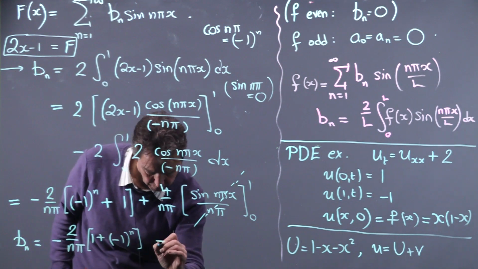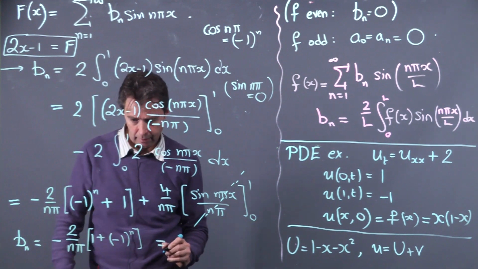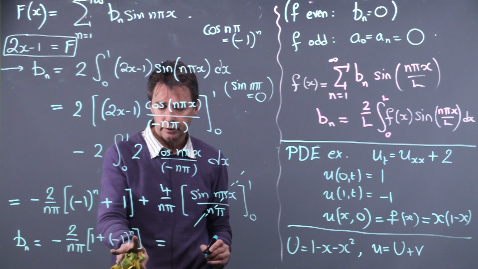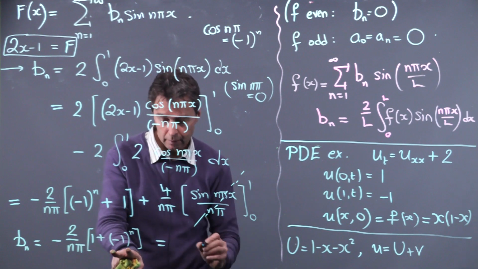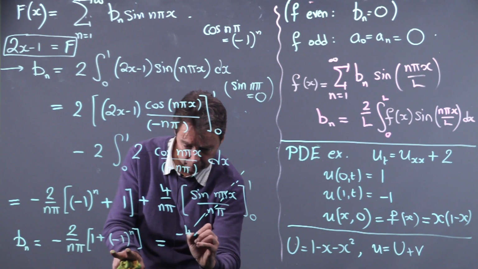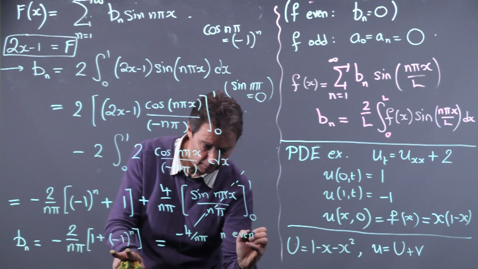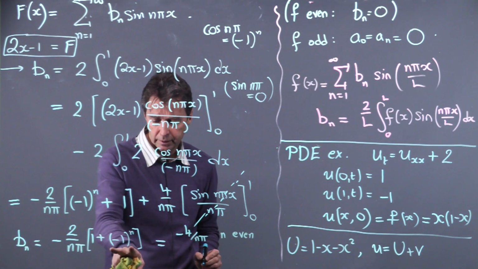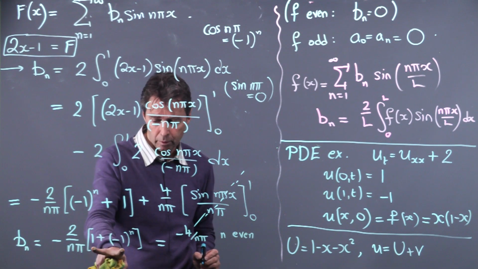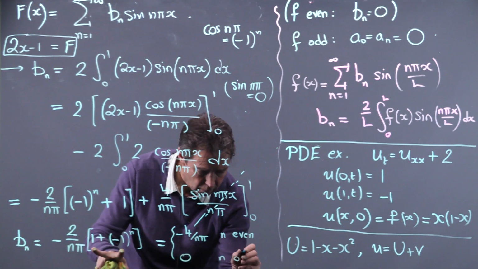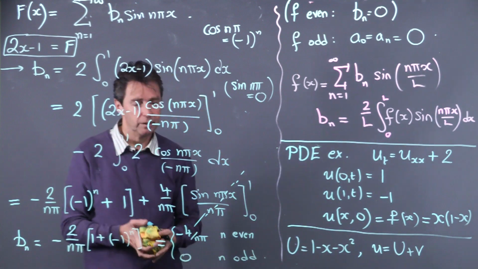Let's just observe that that means that when n is even, minus 1 to an even power is just plus 1. So that's minus 4 over n pi if n is even. If n is odd, this is minus 1, so that's 1 minus 1 is 0. So we get 0 if n is odd.